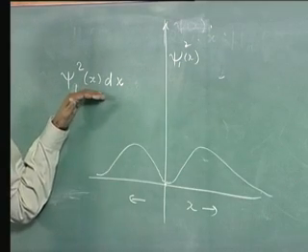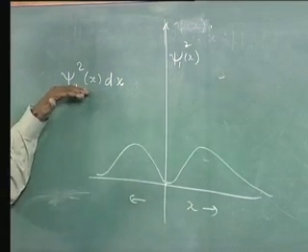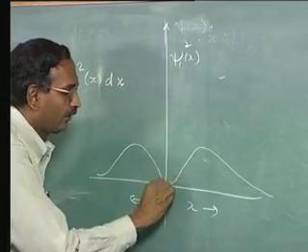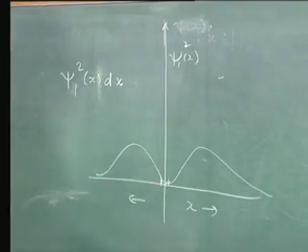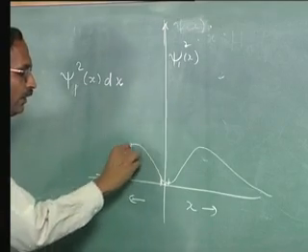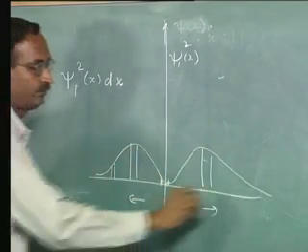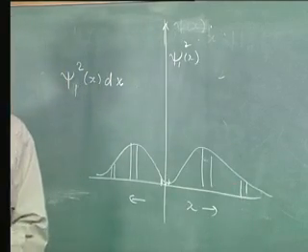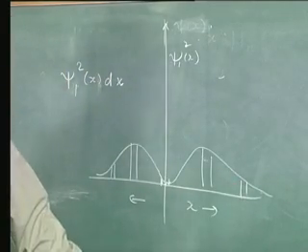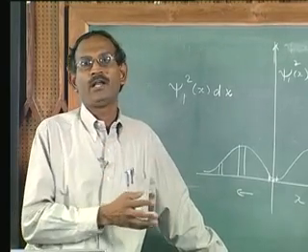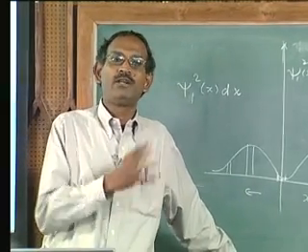If the oscillator energy is slightly higher and it is in the first excited state, the probability of locating the oscillator in this region is much smaller than the probability of locating the oscillator in this region or further down. What is important in all of this is that association of classical ideas with quantum mechanical ideas can get you into trouble very, very quickly.